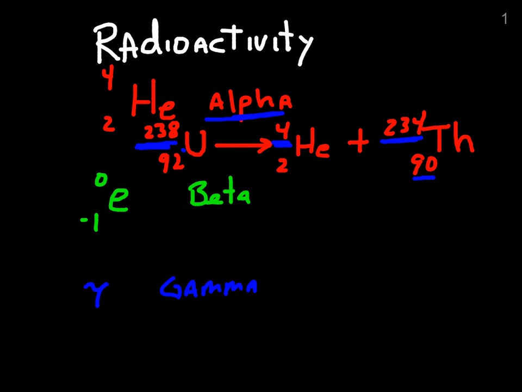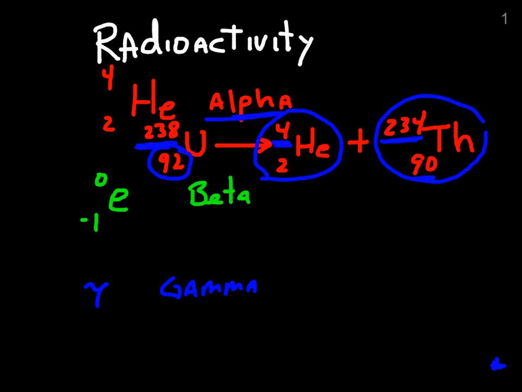I started off at 92, an alpha particle came off, I decreased the atomic number by 2, resulting in a new element, thorium. All right? Pretty simple, okay?